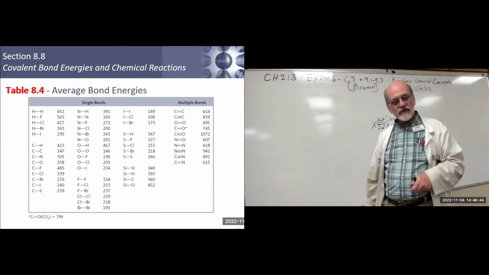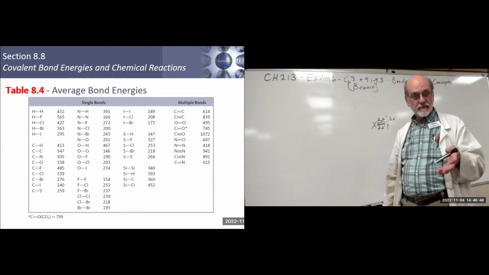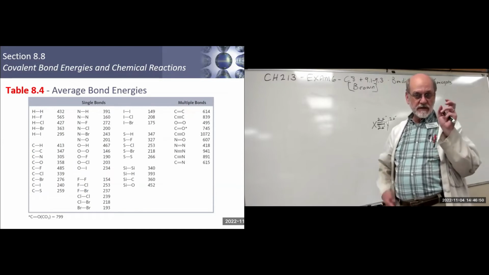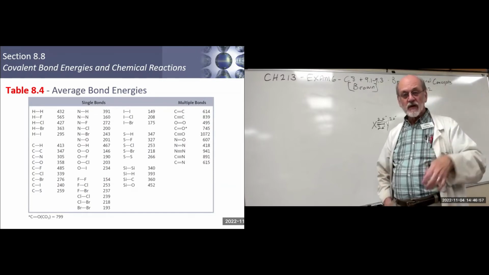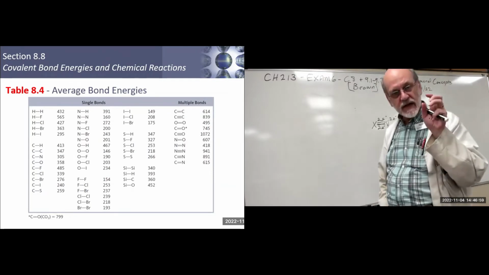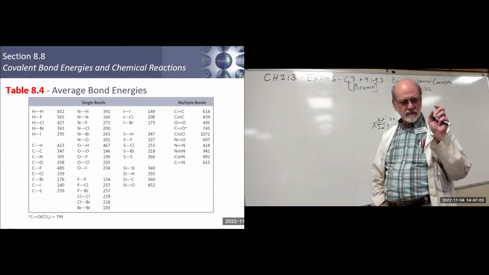Now, a lot of work has gone into putting this chart together. And this defines the amount of energy that has to go in. Since these are all positives, we have to assume that this is the amount of energy in, I think it's kilojoules.